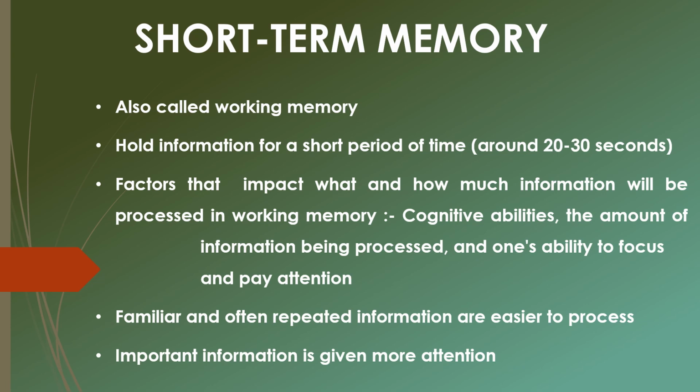So, the information that is familiar and repeated and the important information are easy to process. For example, if a student is preparing for a test, they are more likely to attend to information that will be on the test, and chances are they forget about the information they don't believe they will be asked about. So this is the short-term memory.